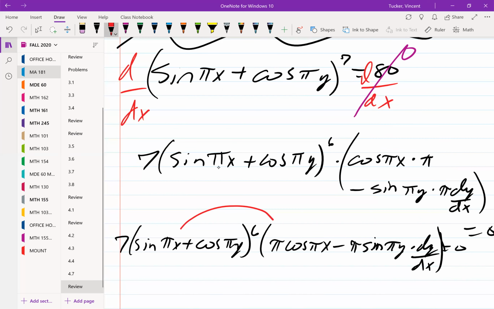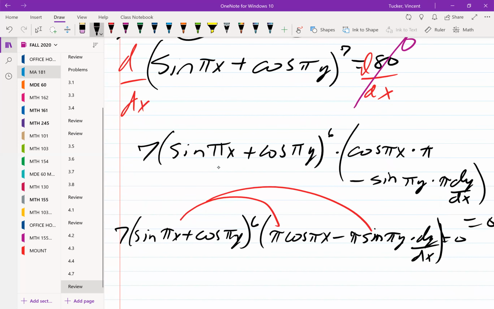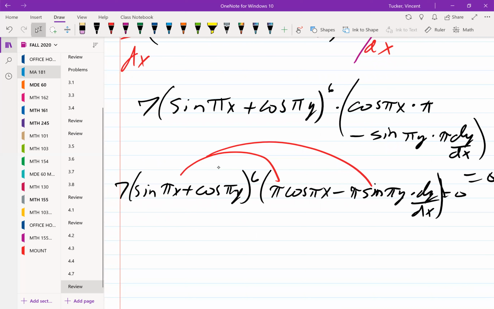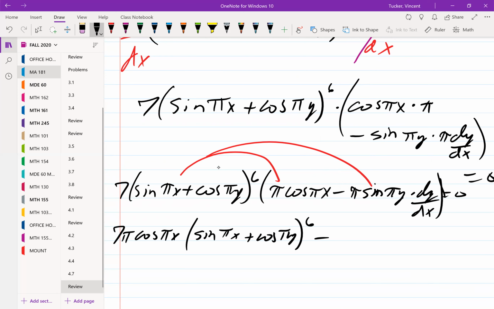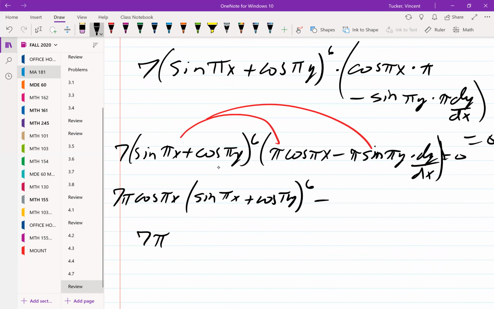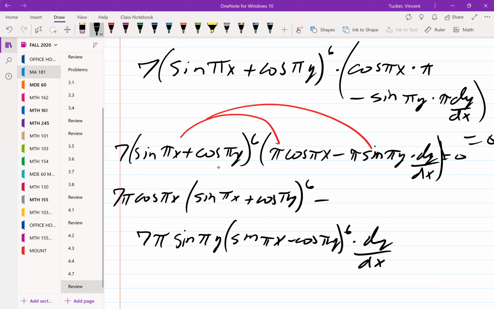So I'm going to take this and multiply to each piece. So it'll be 7 pi cosine pi x times sine pi x plus cosine pi y to the 6 minus, I'm going to put this down here, 7 pi sine pi y and sine of pi x minus cosine pi y raised to 6 dy dx equals 0.